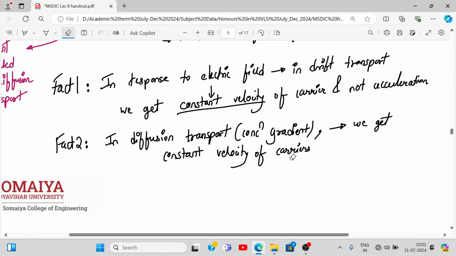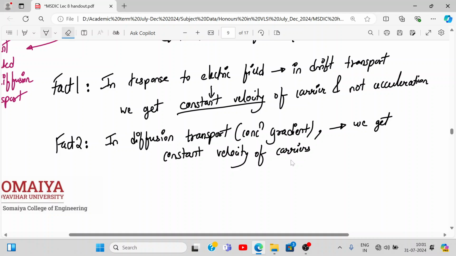That's why with a parachute they maintain a constant velocity. Similarly, electrons and holes are scattered, meaning they hit and change their direction. This is due to random thermal motion of electrons and holes, and that we will discuss in the next class.